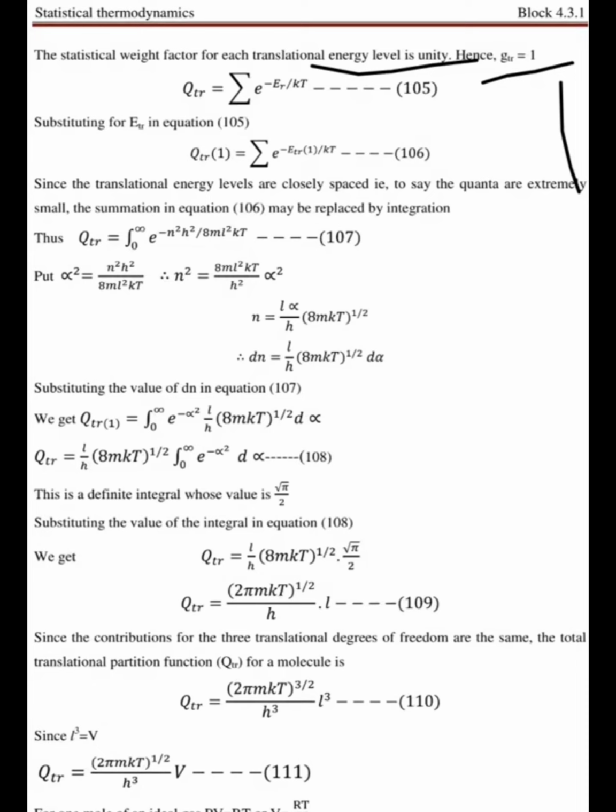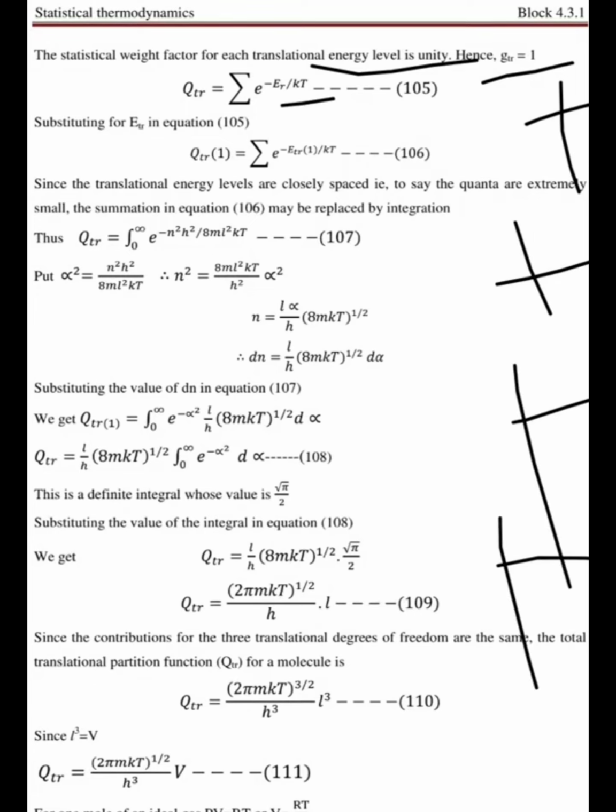So for each different translational energy level, you take the weight as 1. Further resolving this, substituting the ETR in equation 105, it will be 1. And further, translational energy levels are closely spaced.